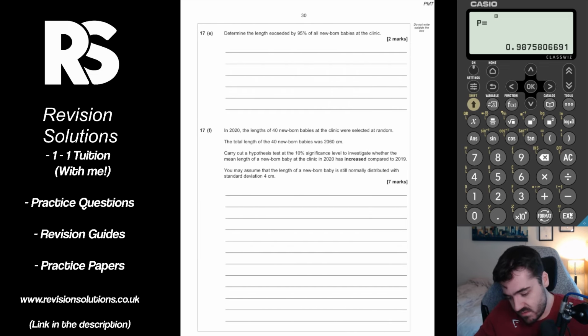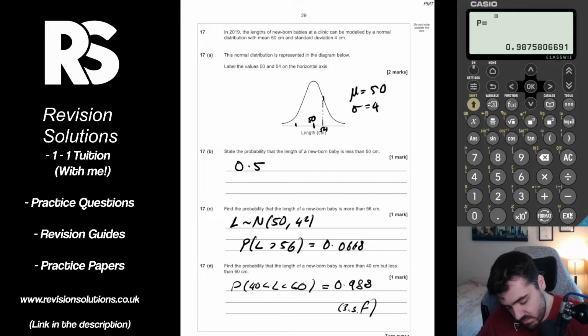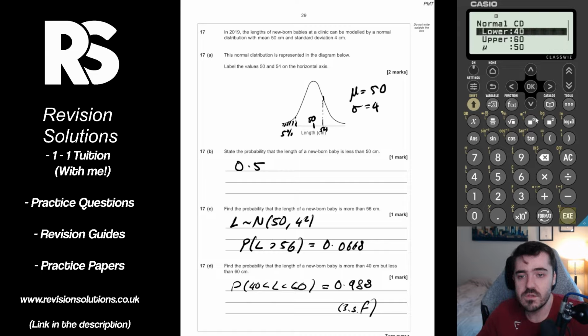Okay, then part E, determine the length exceeded by 95% of all newborn babies. So in other words, we're thinking, where's the bottom 5%? If that's 5%, we want to know what that value is. So that's a job for the inverse normal distribution. So we'll go to our inverse normal now. I'll scroll a bit further down.